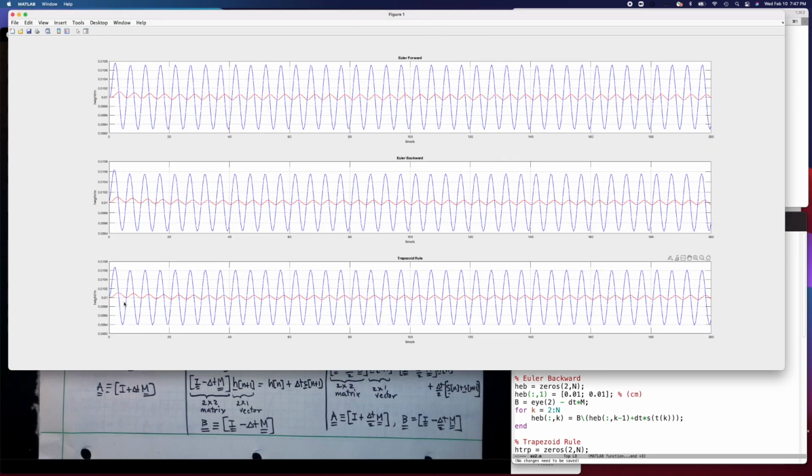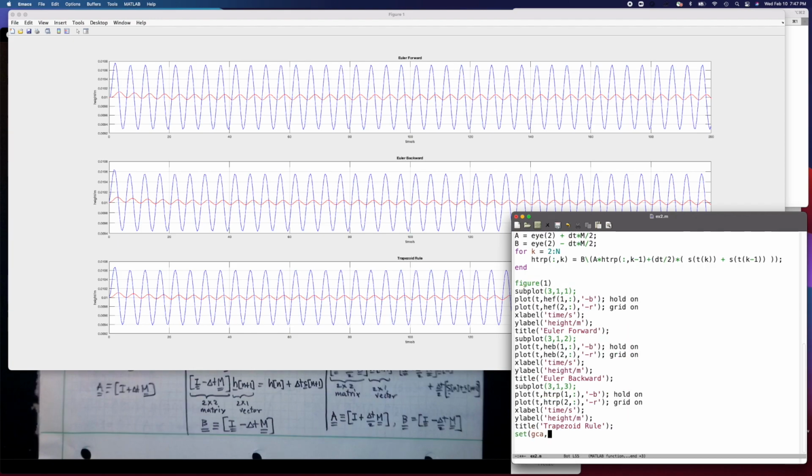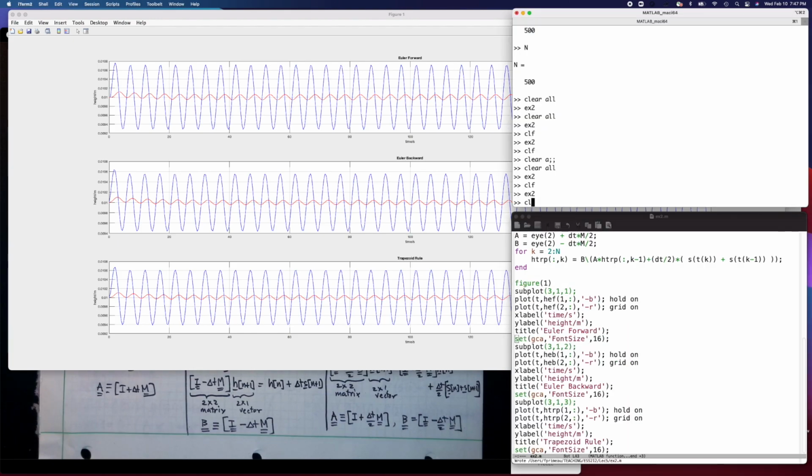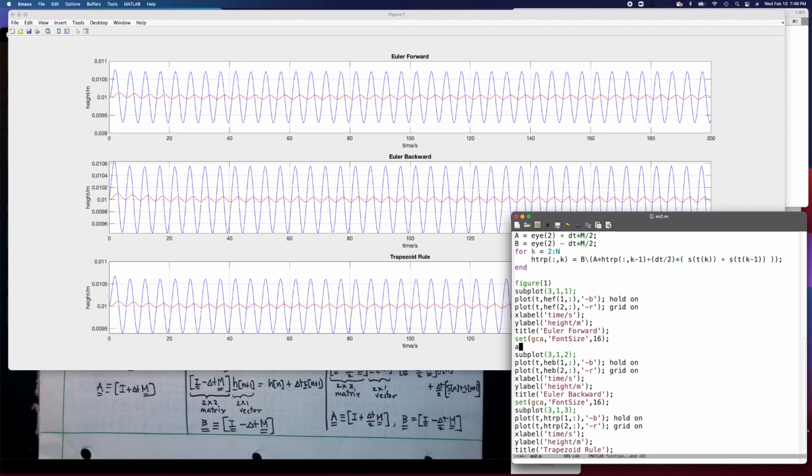So for the Euler forward, let me make the font sizes bigger too. Axis, minus, no, not minus, axis 0 to 200, and then this I should give it an actual time t, and where's my length space?